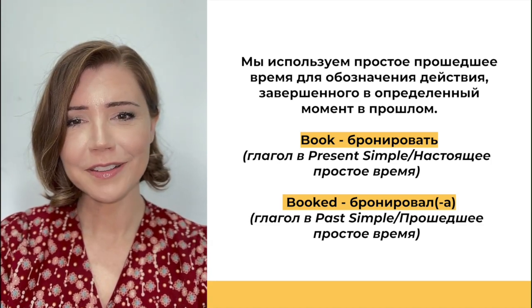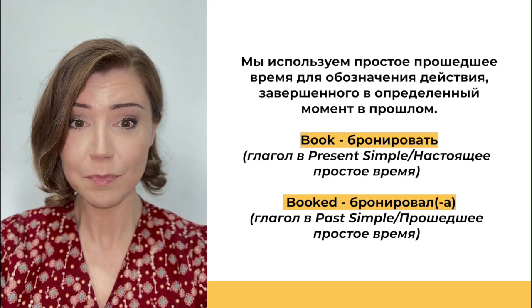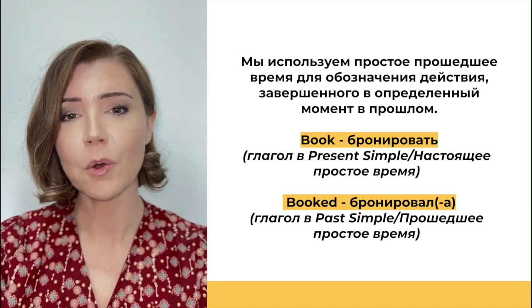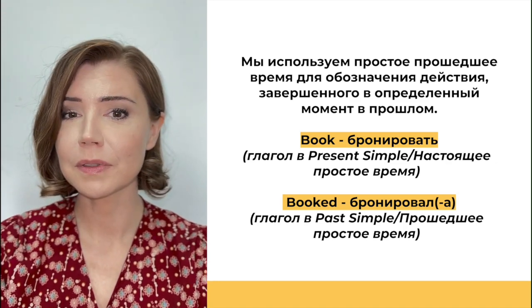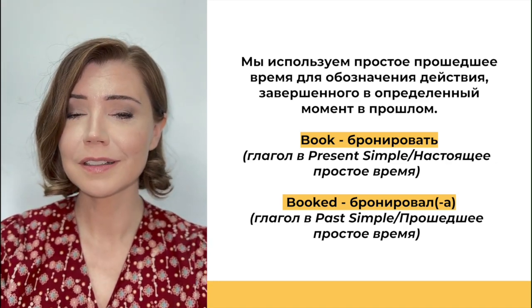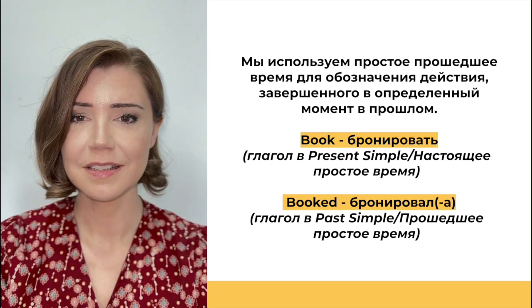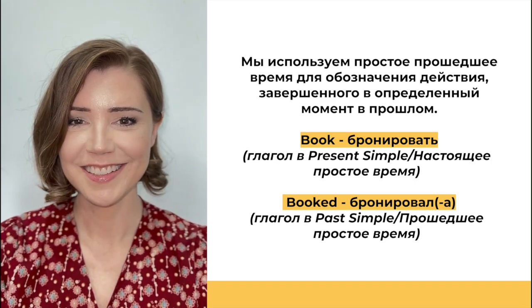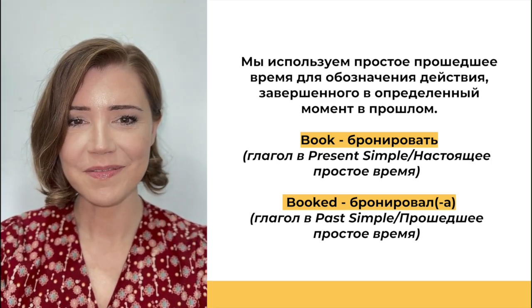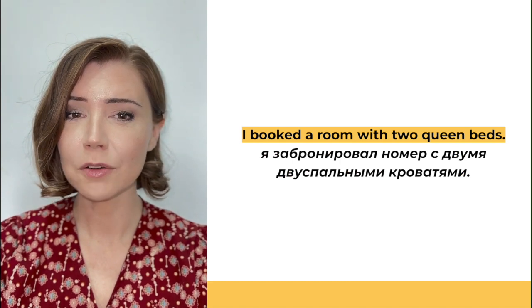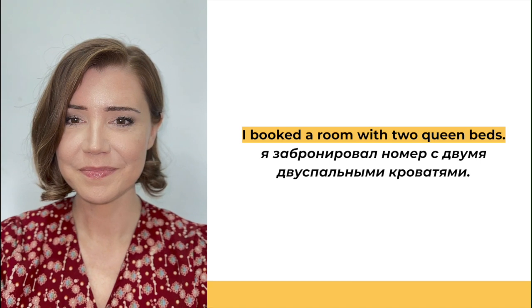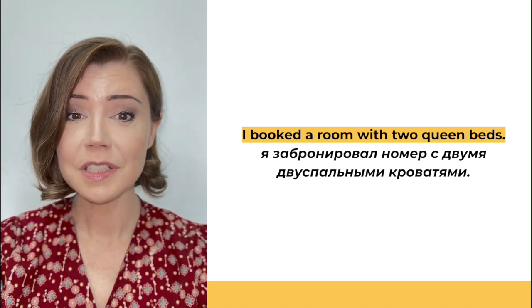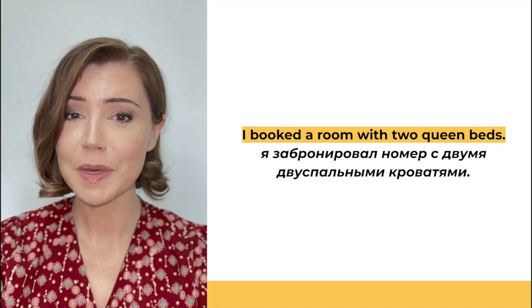Let's think of other examples of the past simple we could use at a hotel. For example, the past simple of to book is booked. Here's an example. I booked a room with 2 queen beds.